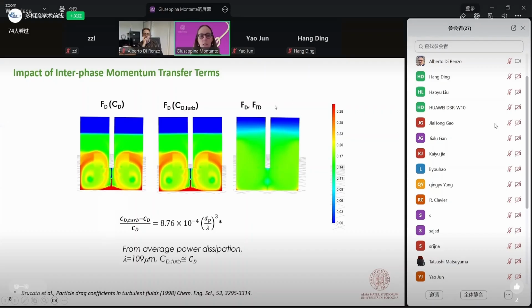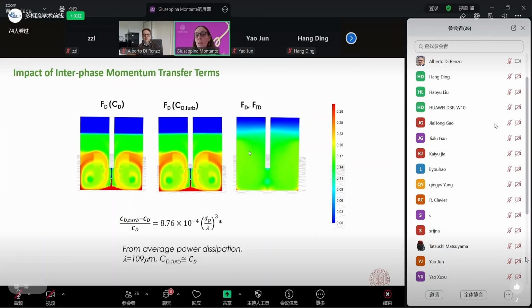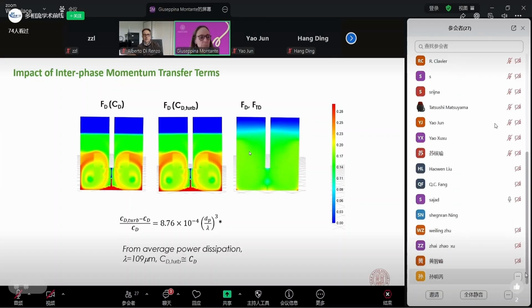One of these correlations comes from our group, but the adoption of this correlation is not necessarily relevant, depending on the range of power dissipation in our system, which affects the Kolmogorov length scale, and that, as compared with the particle diameter, produces different effects. So here again is an example where we can see that in this particular case we don't have an effect due to the turbulence on the drag coefficient, but we have a huge effect of the turbulent dispersion force.